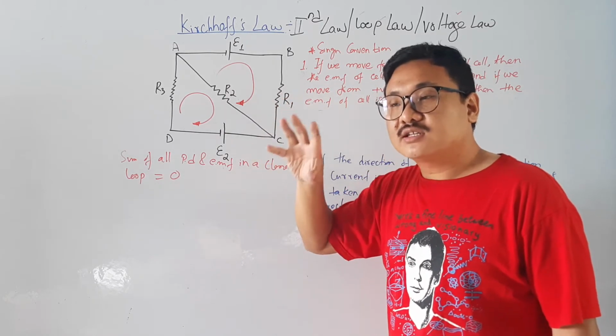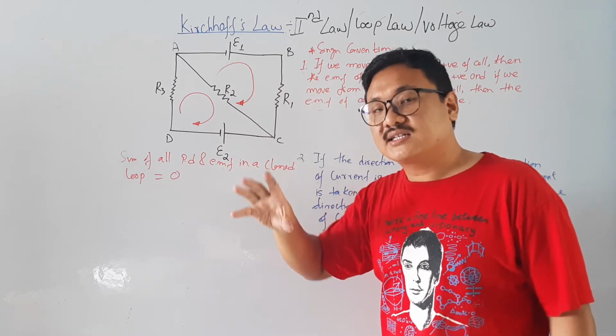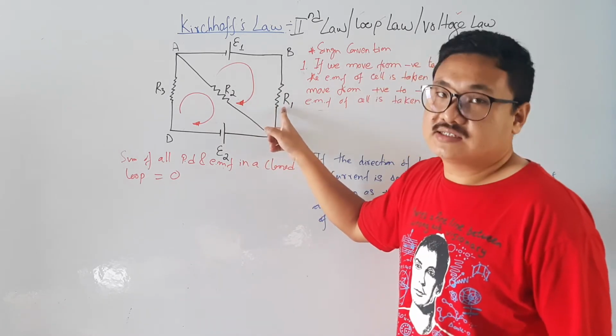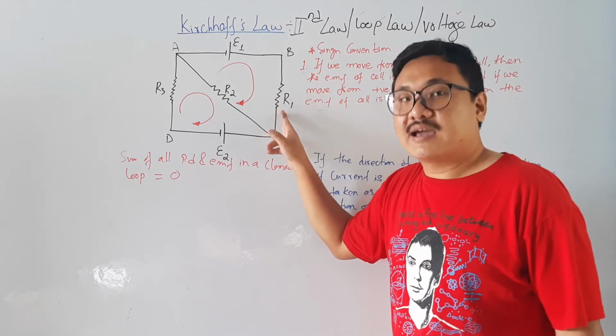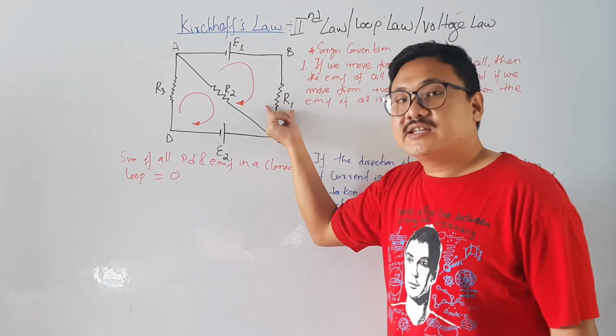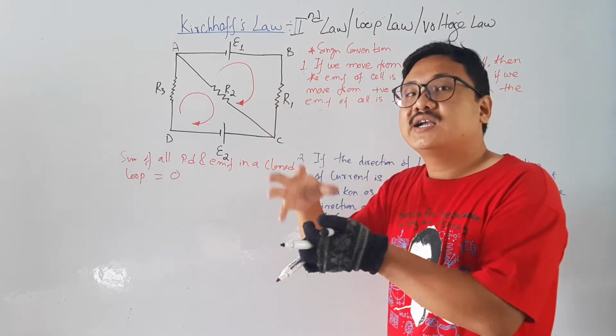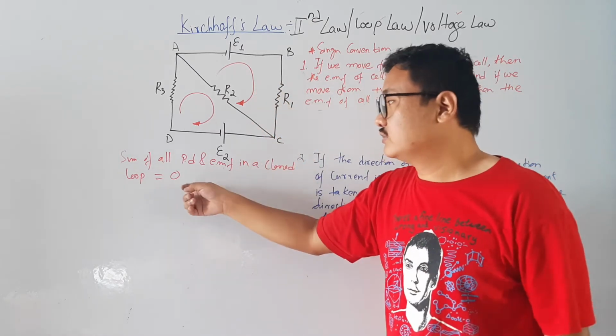Now, one more thing students get confused about is that I have only considered the resistance. No, it may be an inductor, it could be a capacitor. If there is a potential drop, then if you add all those potential drops, it should give me 0.